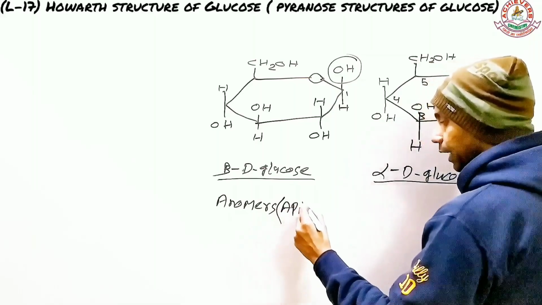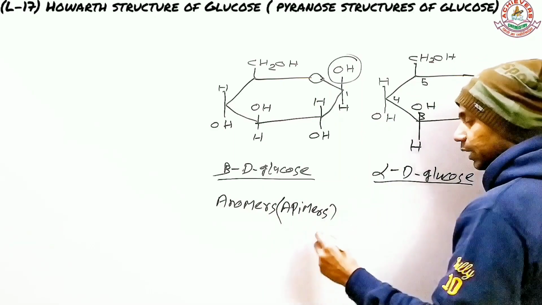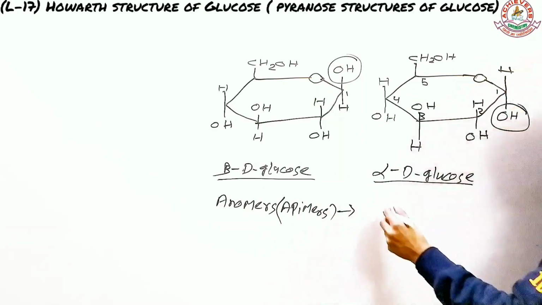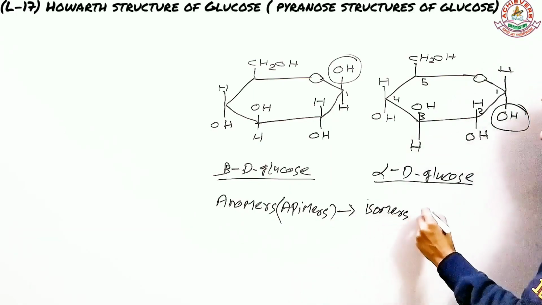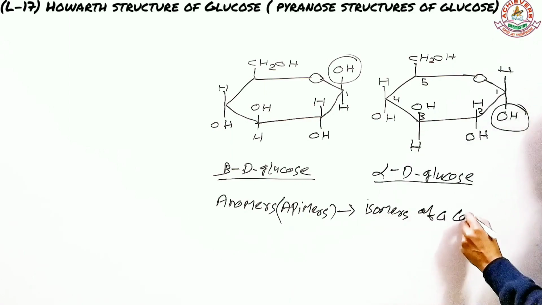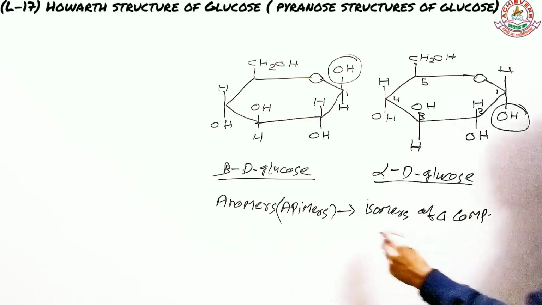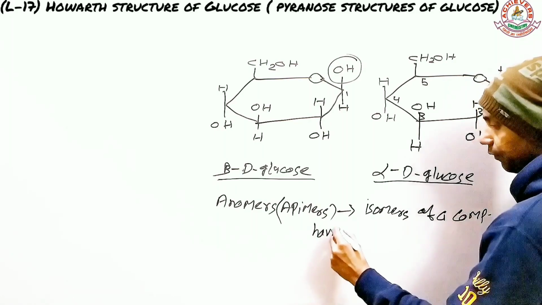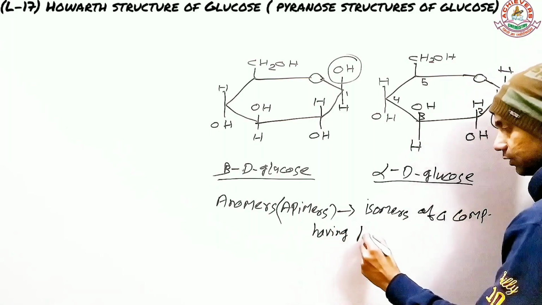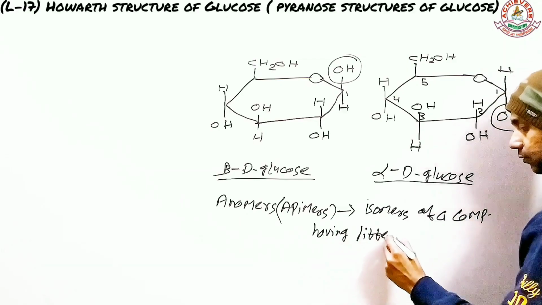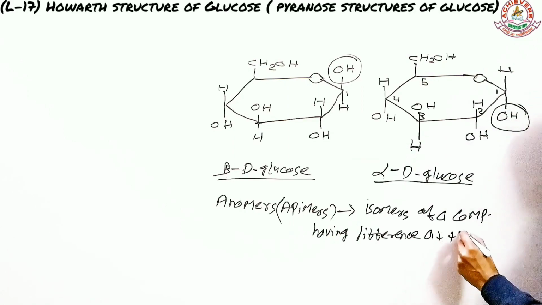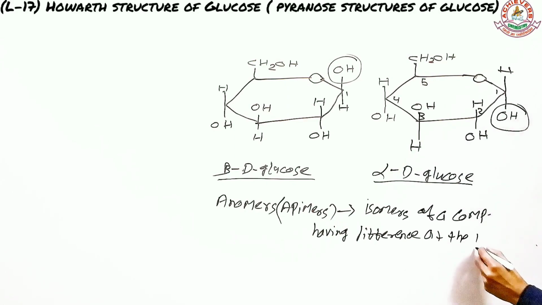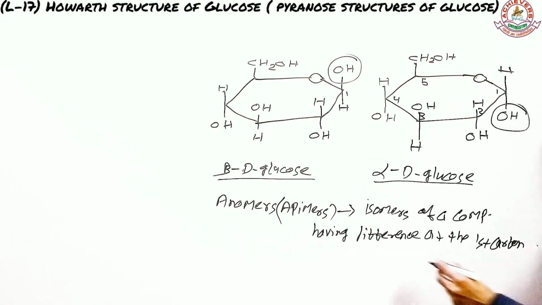Now let's make it in writing: isomers of a compound having a difference at the first carbon only.